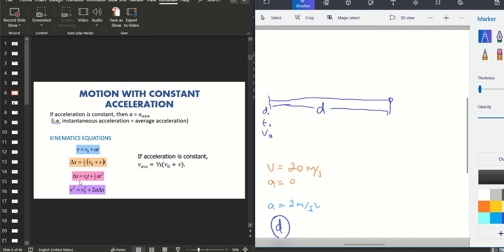Okay, so we can use this formula. So our distance, or S, is equals to the initial velocity times time plus 1/2 AT squared. Okay, so constant acceleration.